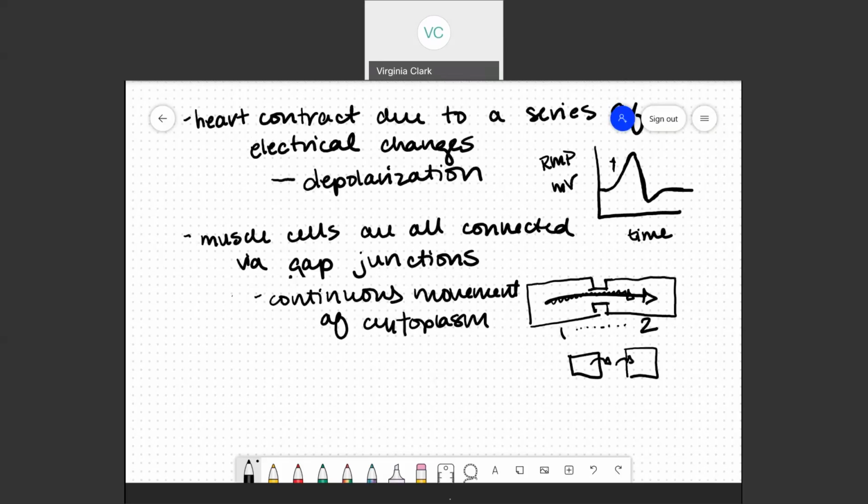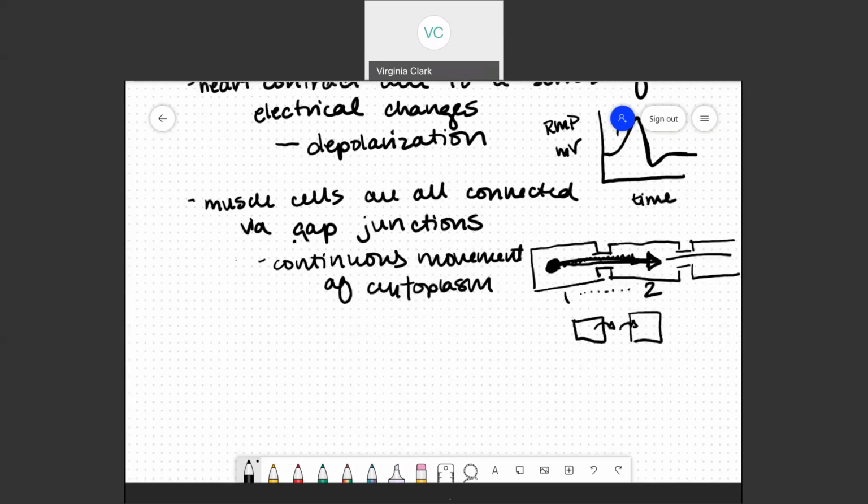So when an electrical change happens in the first cell, it is a very rapid communication. The same thing will happen in the second cell, and then so on because it's connected to the next cell. So very, very rapid, continuous movement through the cytoplasm.